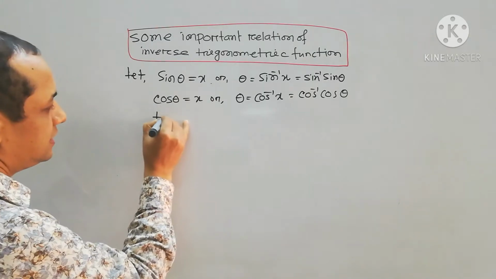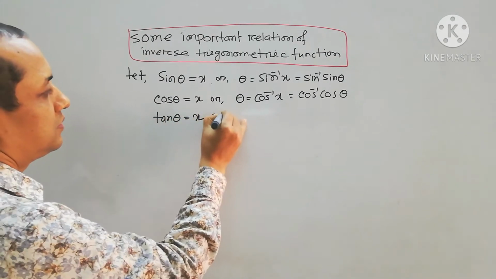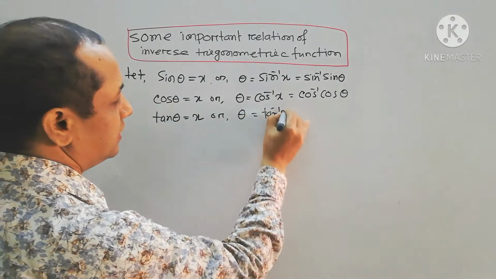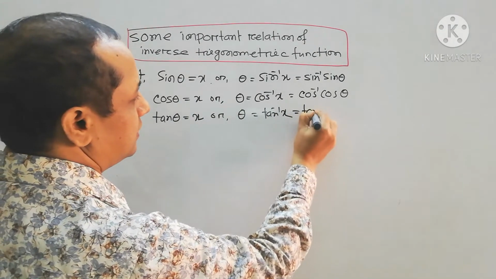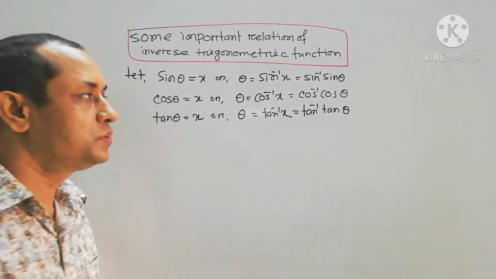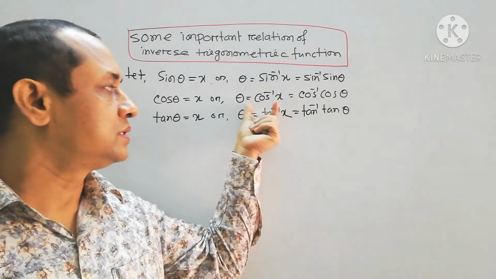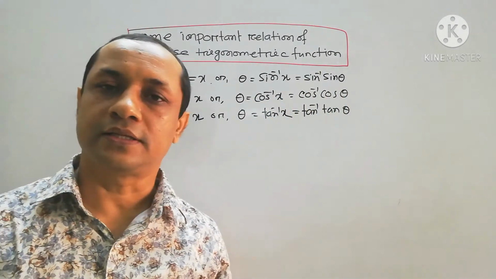Again let tan theta equals x, or theta equals tan inverse x. Now putting the value of x, we have tan inverse tan theta equals theta. So students, here theta equals sin inverse sin theta, theta equals cos inverse cos theta, and theta equals tan inverse tan theta.